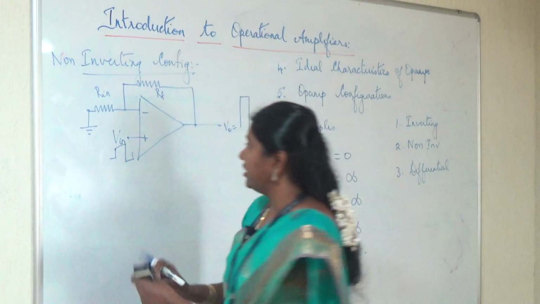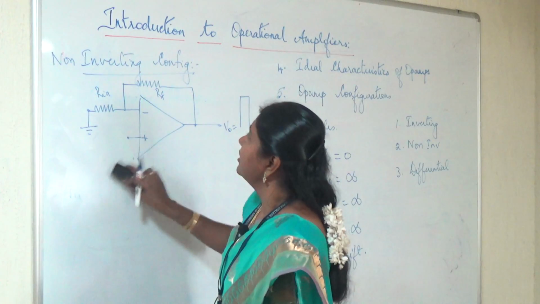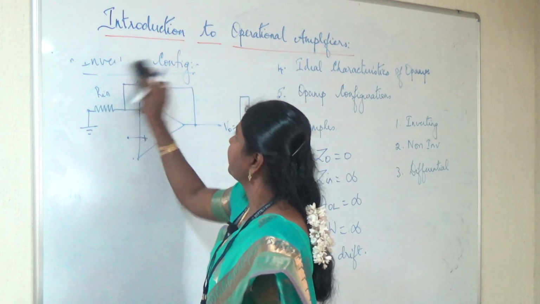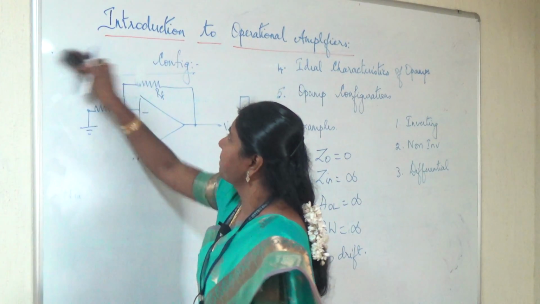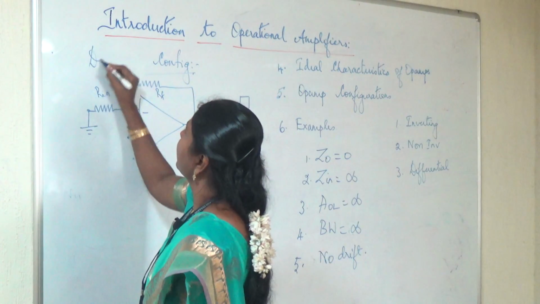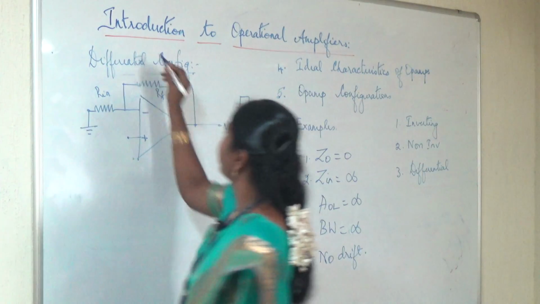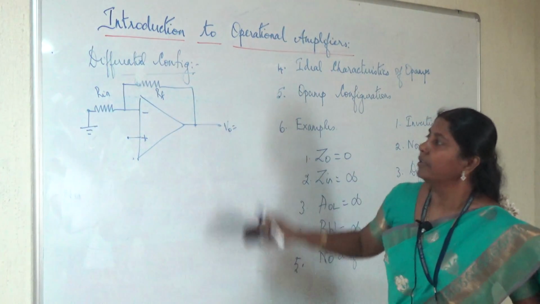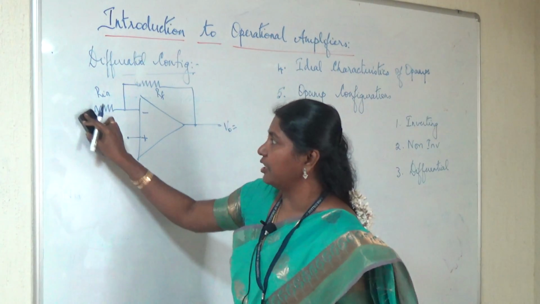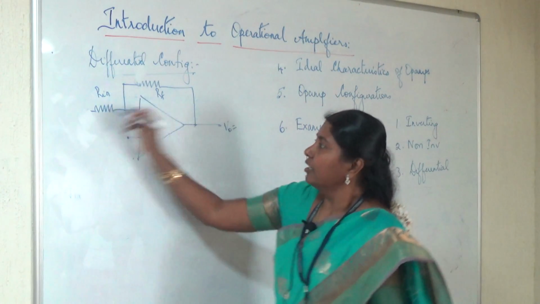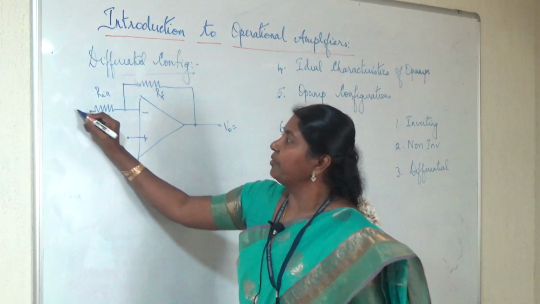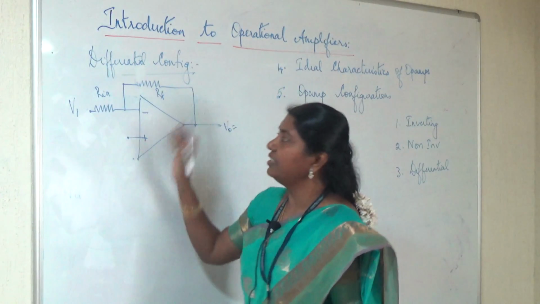The third configuration that we are going to see is the differential configuration. So here again I am retaining the same circuit, but here the input will be given to both the terminals.